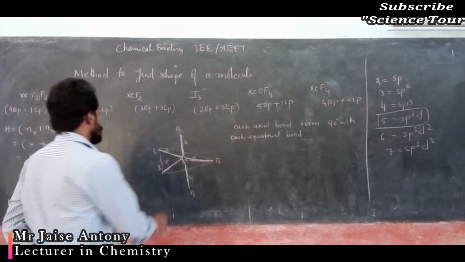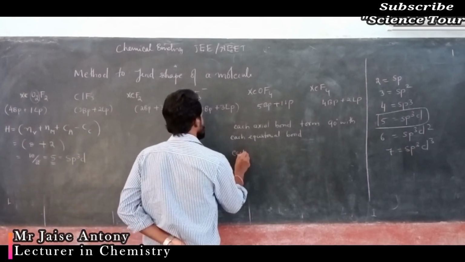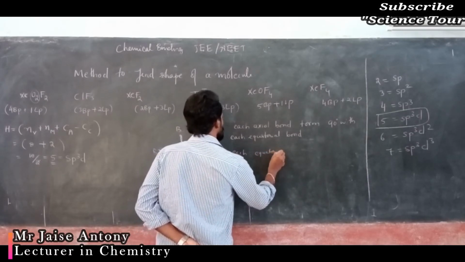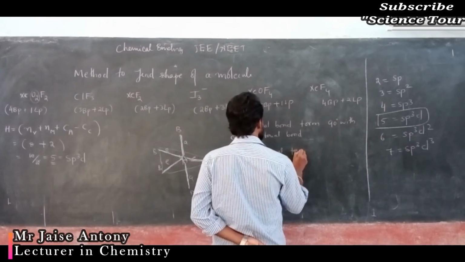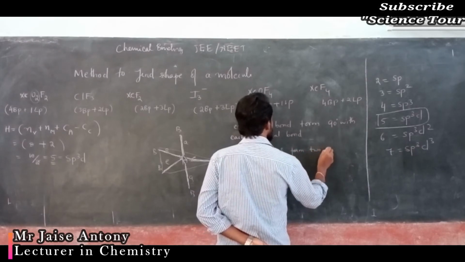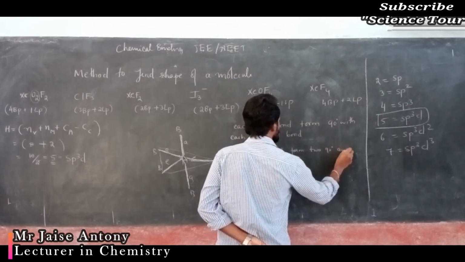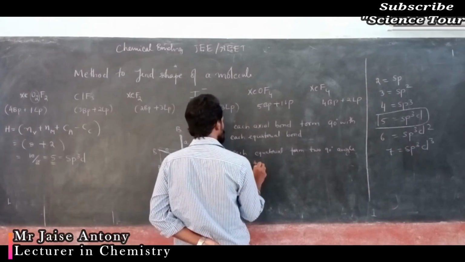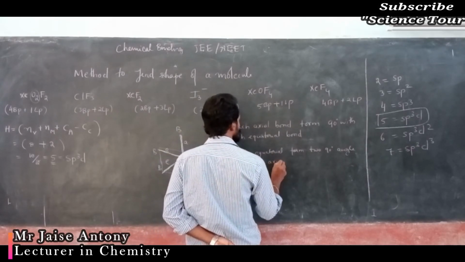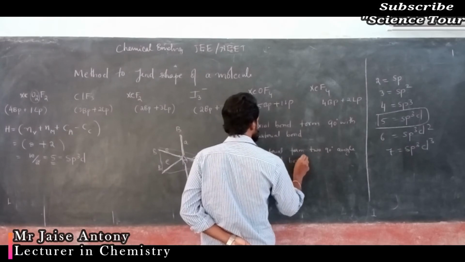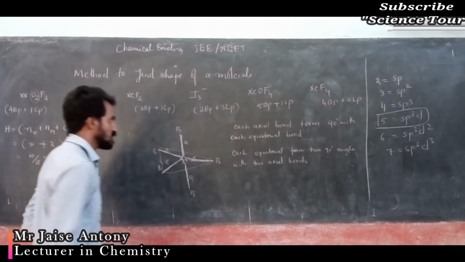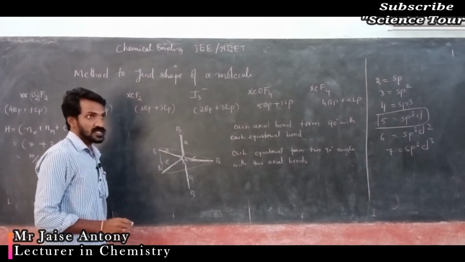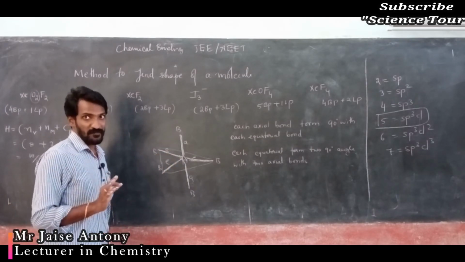Here I will write, each equatorial bond forms a 90 degree angle with the two axial bonds. So, my dear students, each equatorial bond experiences two bond pair repulsions.